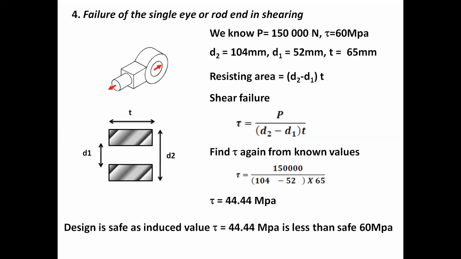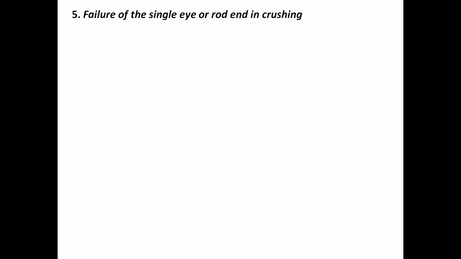The single eye may fail in crushing also. So how does the crushing failure occur? That we will understand by using our simple figure as shown. Look at the figure. In that, there is a crushing area shown.